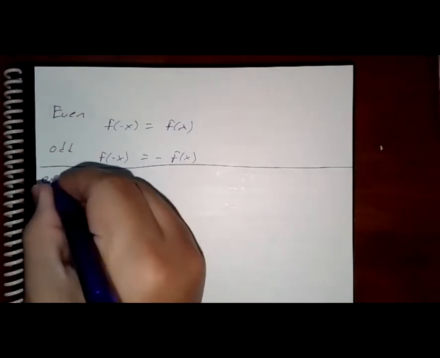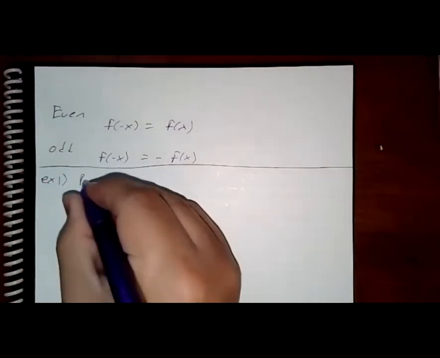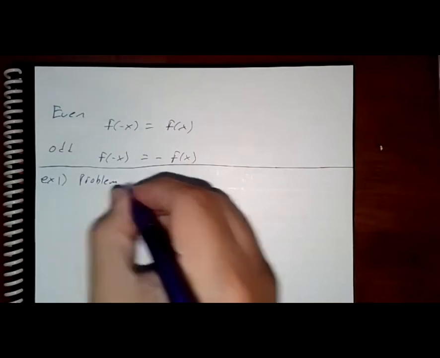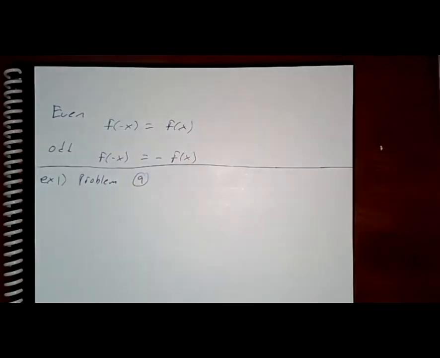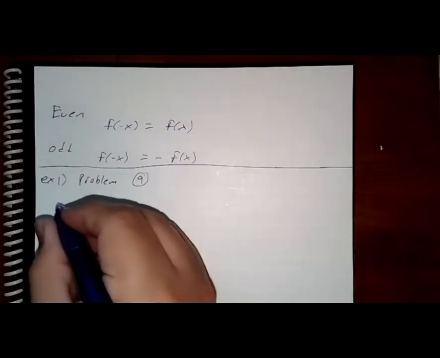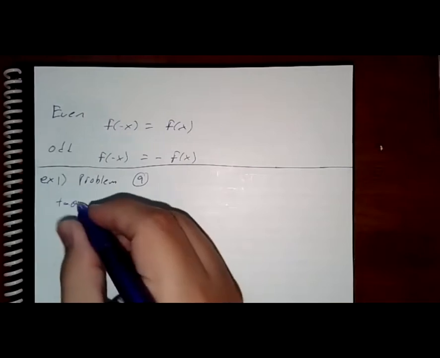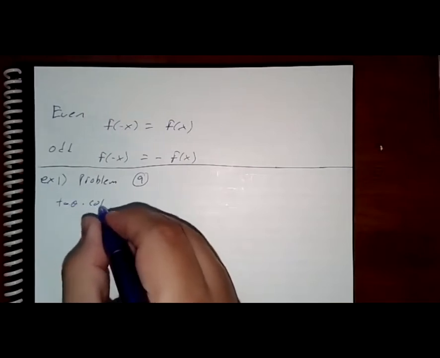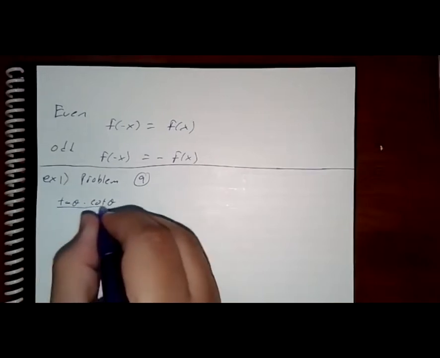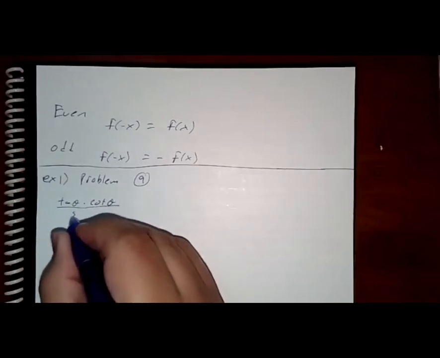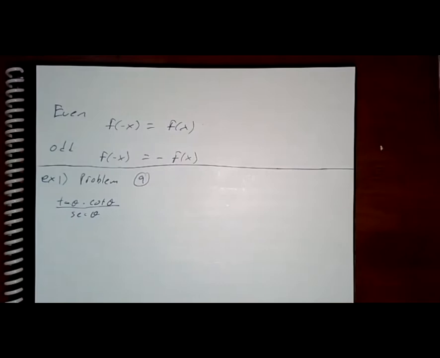Let's see, example 1. Problem 9. So tangent of theta times cotangent of theta over secant of theta.